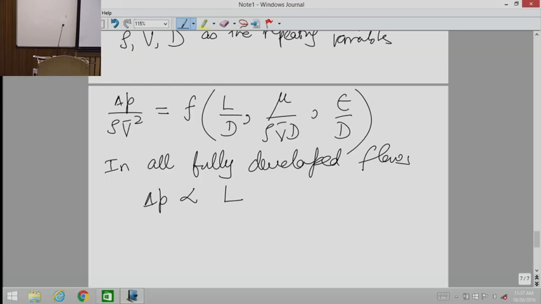So epsilon is called the roughness factor, and in a new pipe the roughness factor will be low. In an older pipe it will be high, because as the pipe gets corroded you will have more and more roughness.